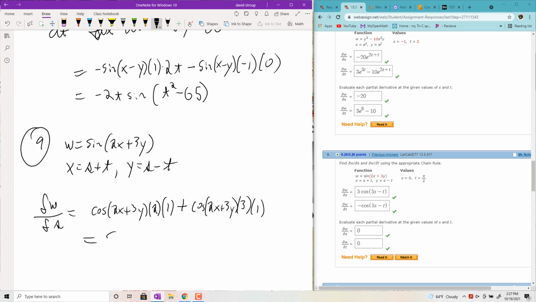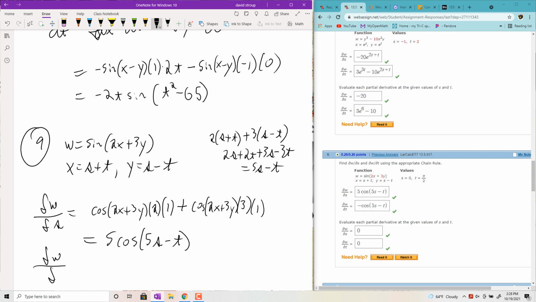So I'd end up with 5 cosine of 2x plus 3y. In terms of s and t, 2x plus 3y is 2s plus 2t plus 3s minus 3t, which is 5s minus t. Okay, cosine of 5s minus t.